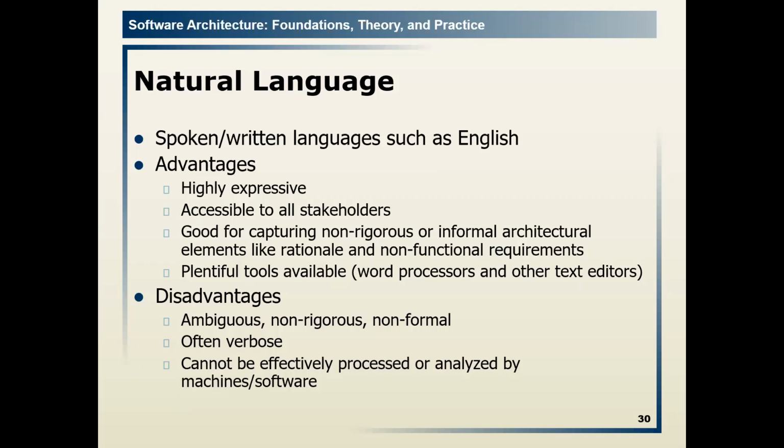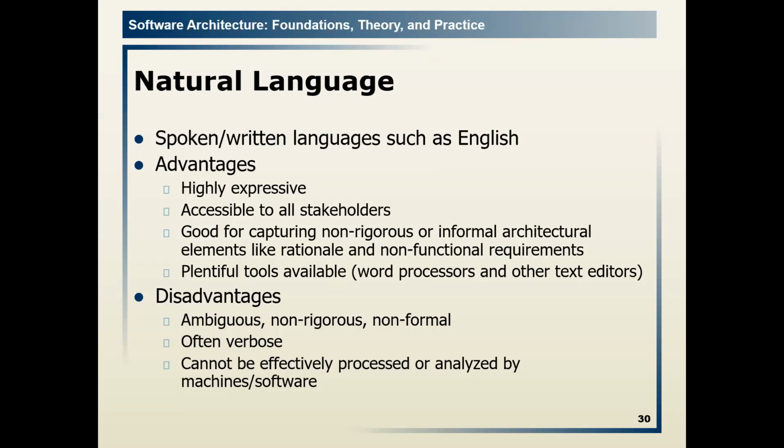Anything you know you can write. Then it is accessible to all stakeholders, whether they are from the technical side or from the business side. Even a business owner will be able to understand this English, because it is only English and it is not following any rules like UML or anything, right?